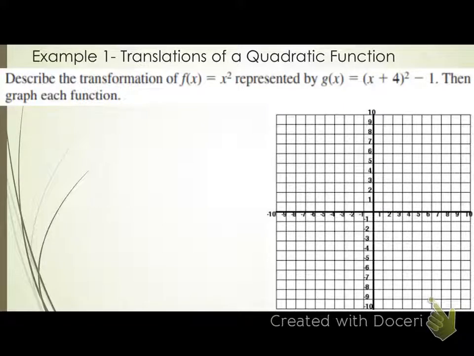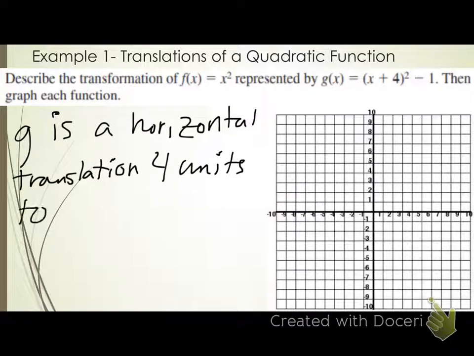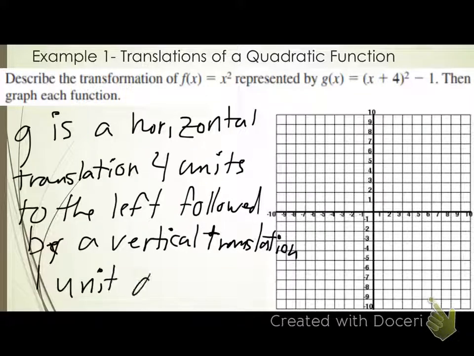So I would say g is a horizontal translation 4 units to the left, followed by a vertical translation one unit down.